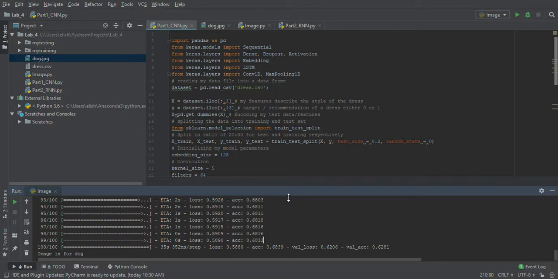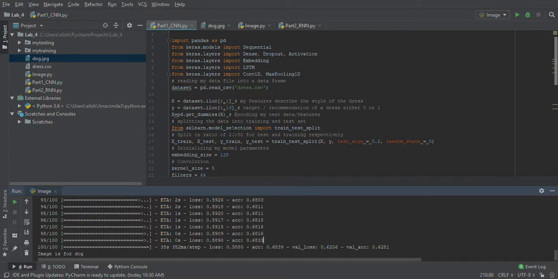So the lab focused on text classification, that's using CNN and RNN and comparing the results of both models. And thirdly, the lab focused on image classification using convolutional neural network.